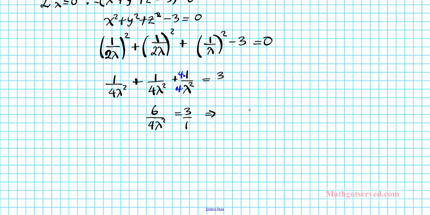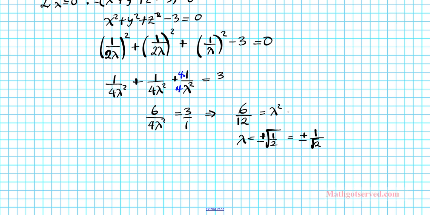You have 6 over 12 equals lambda squared. And then when you take the square root of both sides, you have lambda equals plus or minus the square root of 1 over 2. When you reduce 6 over 12, you get 1 over 2. So this is basically plus or minus 1 over root 2.